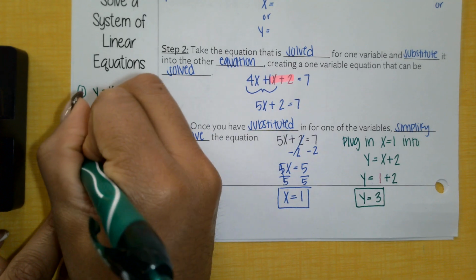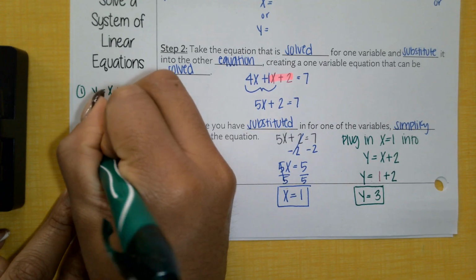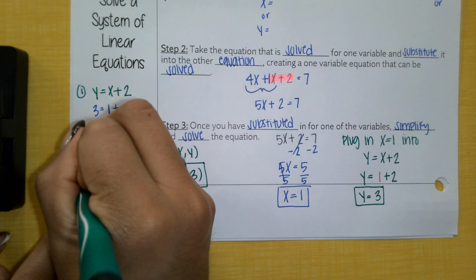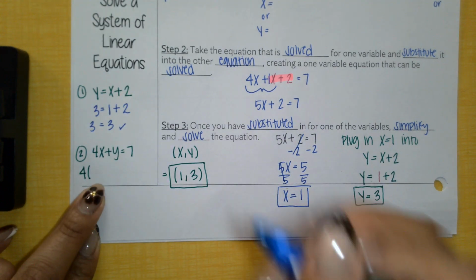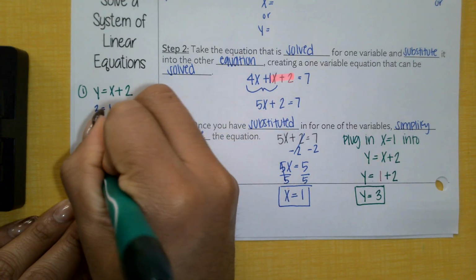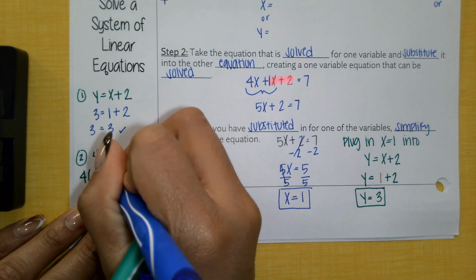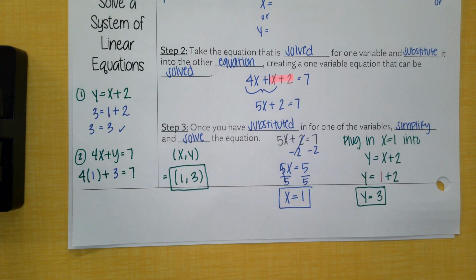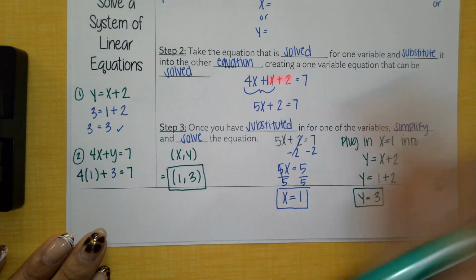For the second equation, we have 4x plus y is equal to 7. So I'm plugging in 1 for x and 3 for y. And I want to make sure that this left side is equal to 7.